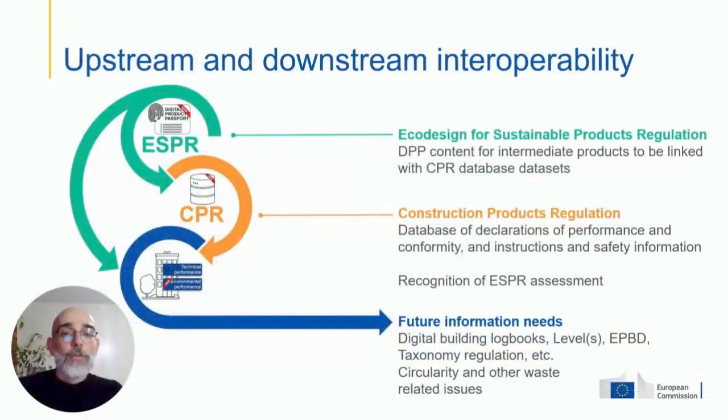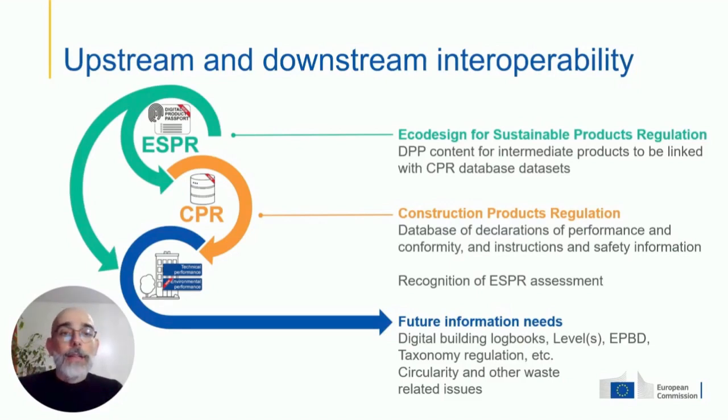To conclude my presentation, I want to show you a short diagram on how we are expecting that it will work in practice. So mainly the Eco-Design for Sustainable Products Regulation will cover intermediate products like steel or chemicals, and some final products such as, for example, boilers.